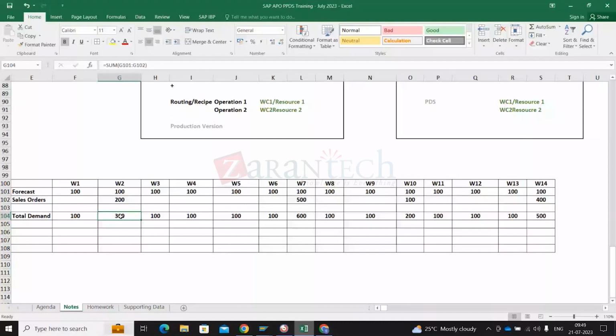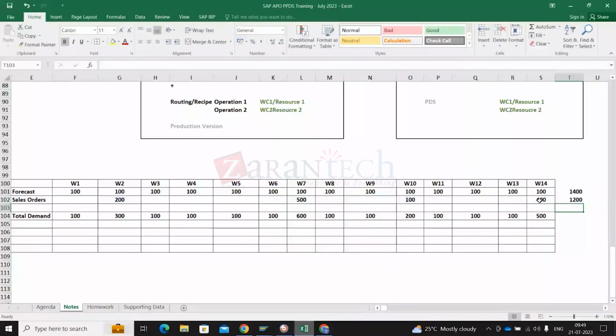demand, correct? So if you just total it up, overall total, for these 3.5 months, how much you planned for initially is 1400 quantity, correct? And how much is the sales order that you finally received? It is 1200 quantity.